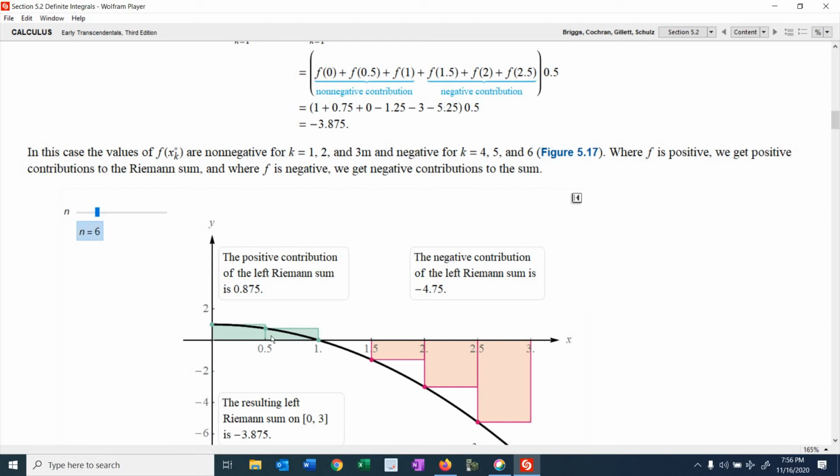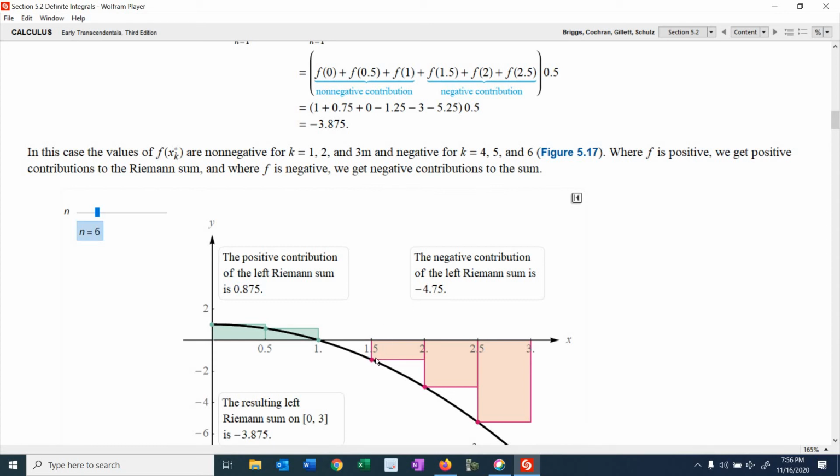If you add up these two positive contributions, it would be 0.875. If you add up these three negative contributions, you get negative 4.75. Again, the area of these rectangles is not negative, because an area cannot be negative. The area of these three rectangles is actually positive 4.75.